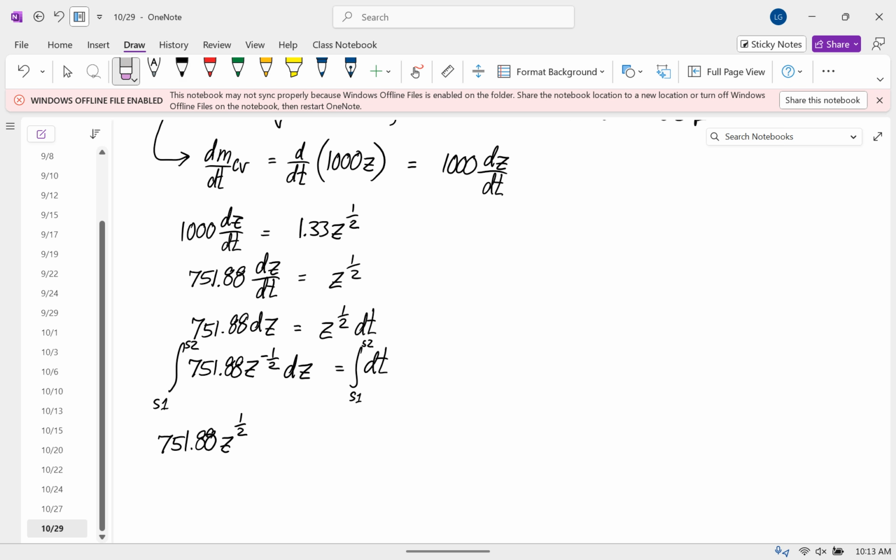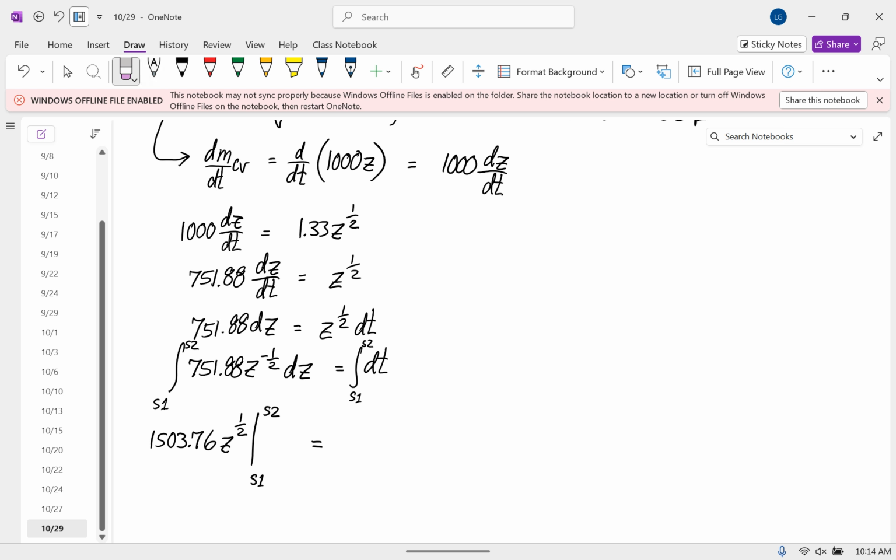So multiplying this by 2, you get 1503.76. And this is evaluated from whatever z is at state 1 to whatever z is at state 2. And this one we can just think of as t evaluated from state 1 to state 2. That's just going to be the elapsed time. That's what we're trying to calculate.